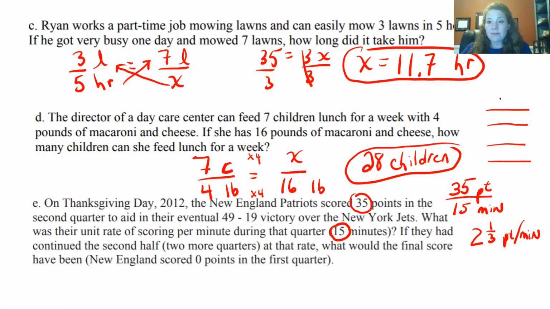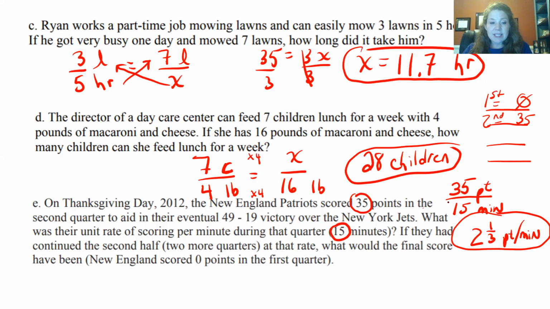The first quarter, they scored 0 points. The second quarter, they scored 35 points. What was their unit rate during that quarter? The first answer is 2 1/3 points per minute.